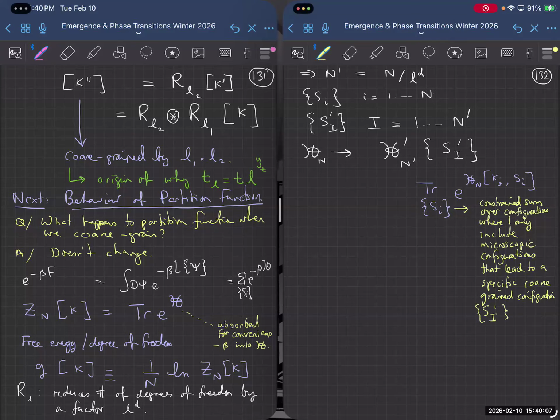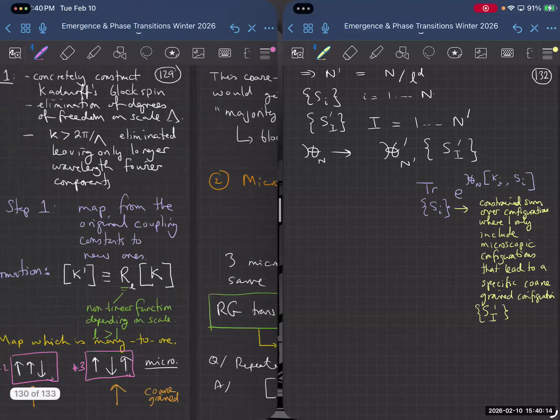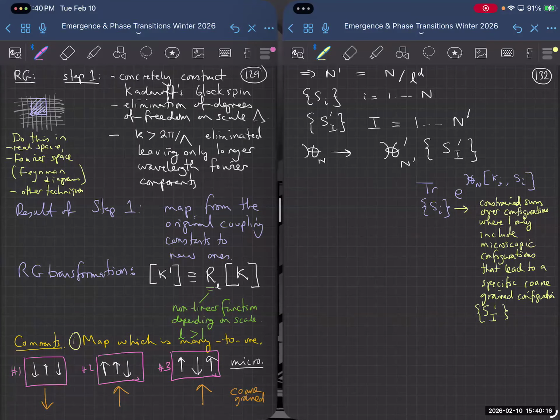So the game is this. You tell me what is the macroscopic configuration that you want to achieve. Let's go back to the screen on the left. I've got my 3 macroscopic configurations here, and let's suppose you say, I want to know the effective Hamiltonian that governs the coarse-grained configuration which is this one, the up one.